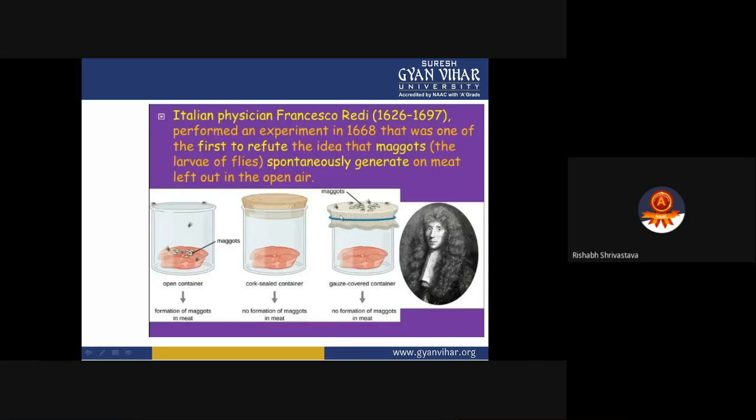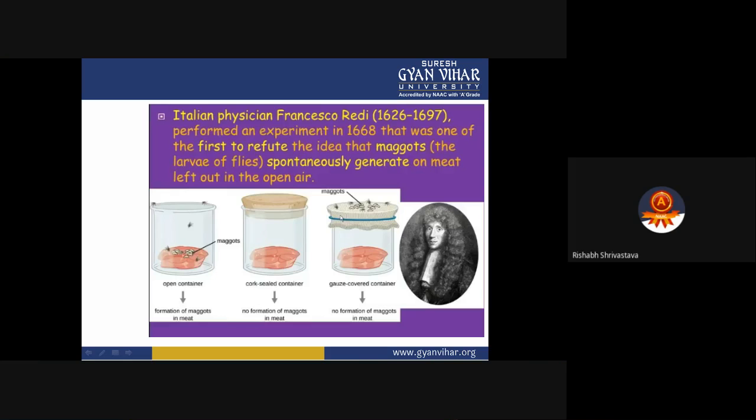Because of the smell, the flies entered the first container and laid their eggs there. In the second container, the meat was there, but there was no entry of the flies.